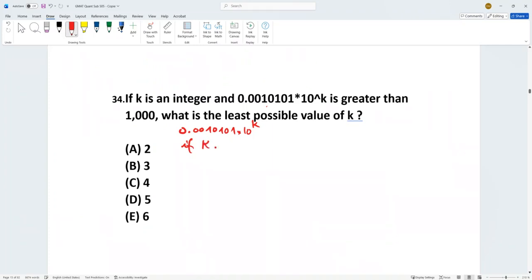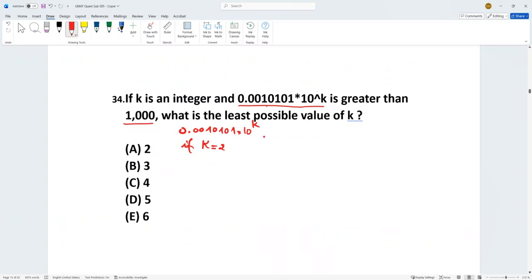We are looking for the least value of k that will make sure this expression is greater than 1000, and it must be one of the answer choices.